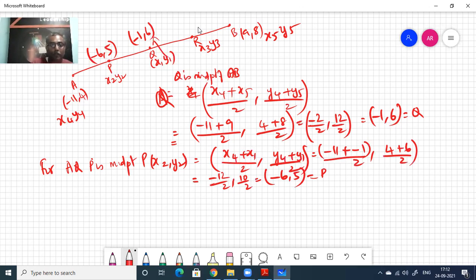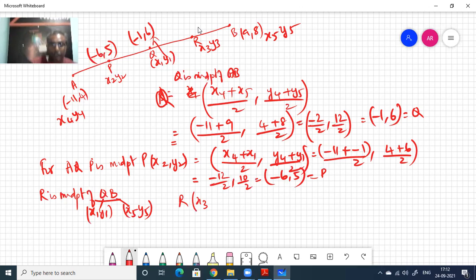Now the same way, R is the midpoint of QB. Q is x1, y1 and B is x5, y5. So midpoint R, x3, y3, is equal to x1 plus x5 by 2, comma y1 plus y5 by 2.